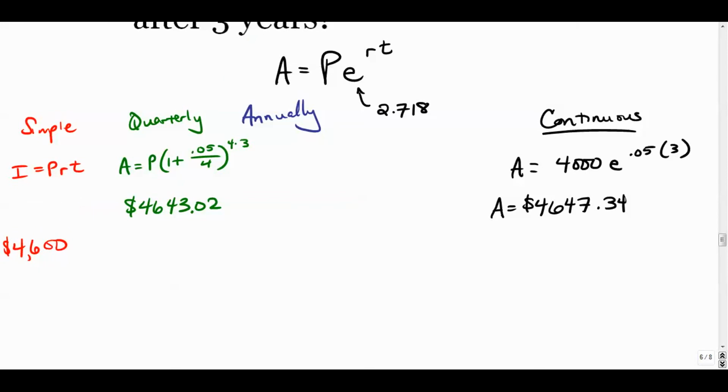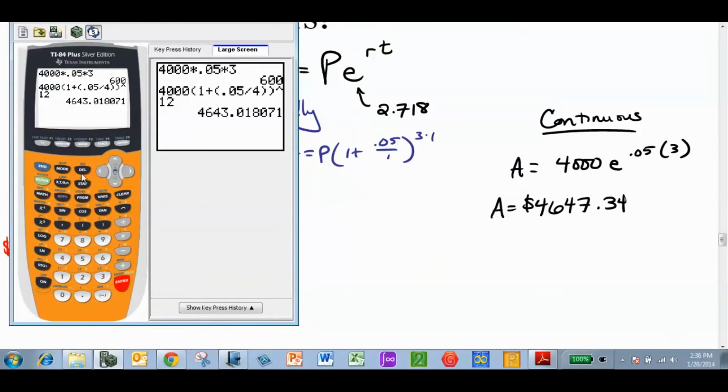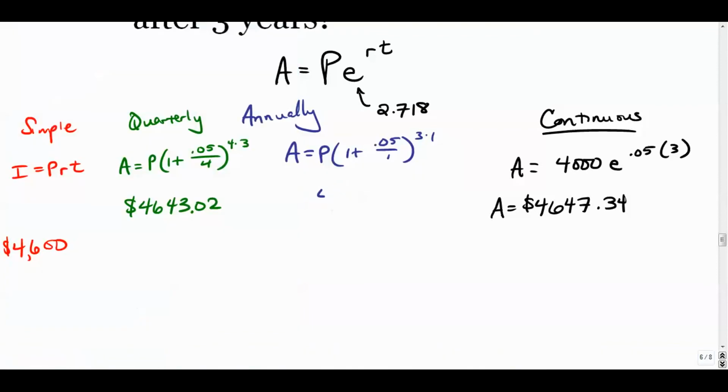Annually, so let me do annually now. We have A is equal to our principal times 1 plus 0.05 over 1 raised to the 3 times 1. Let's go ahead and calculate this. 4,000 times 1.05 raised to the 3 power. 4630 and 50 cents.